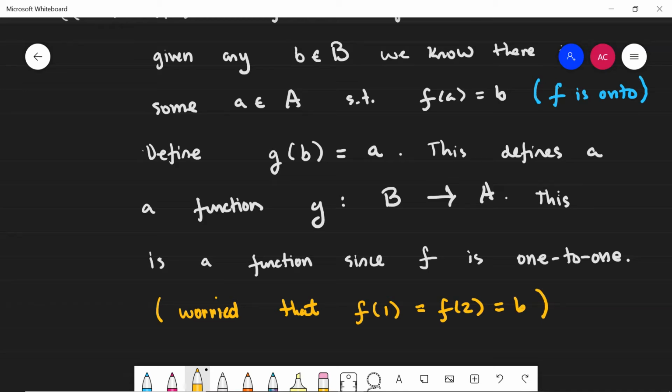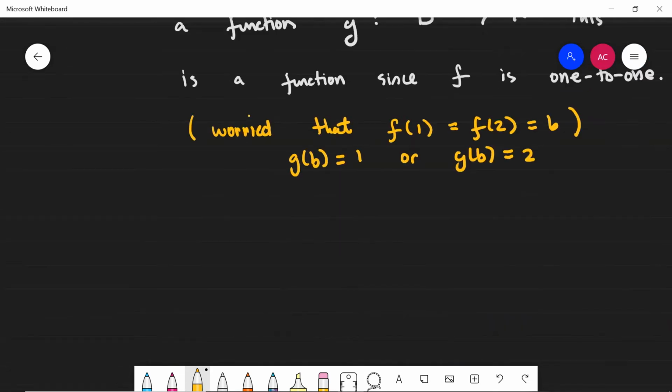In which case, g of b is simultaneously 1 and 2, right? In which case, g is not actually a function because you do not have a unique output corresponding to the input of b. So that does not happen precisely because f is 1 to 1.